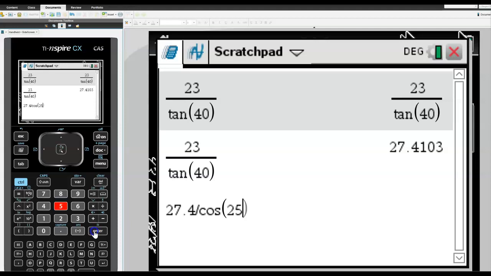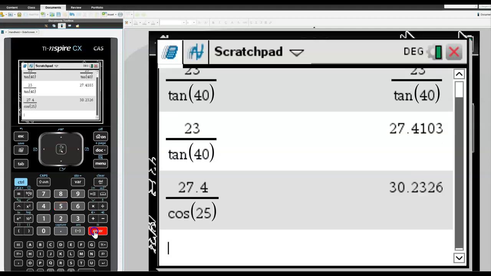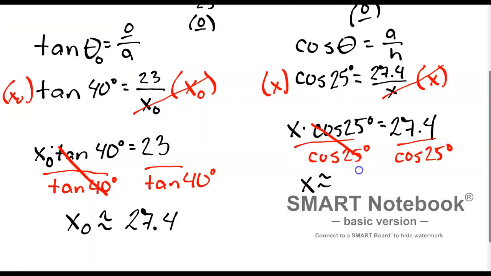If I hit enter, I might get the exact answer. No, it gave me the rounded in this case. So I've got 30.2, and I have come up with the x value that they were asking for.